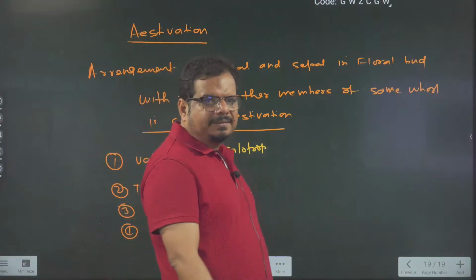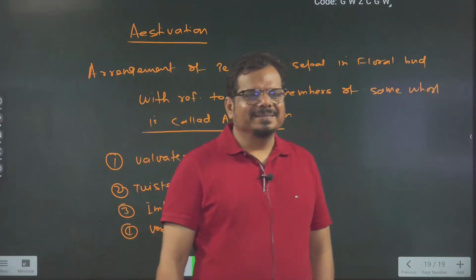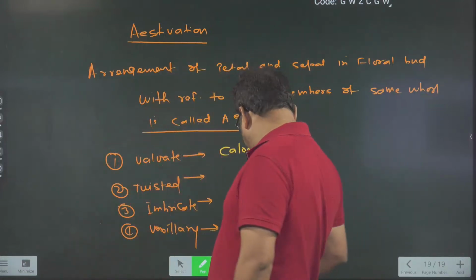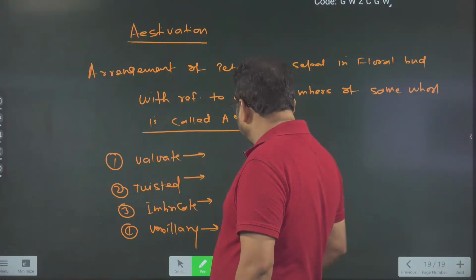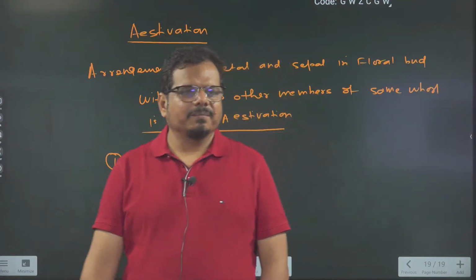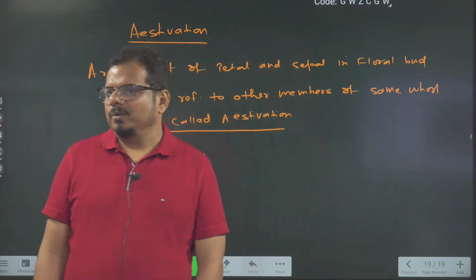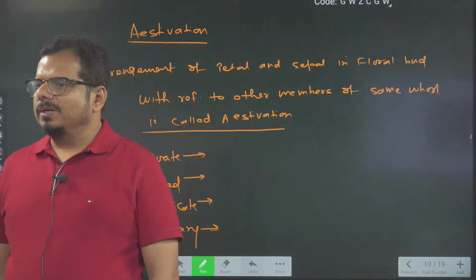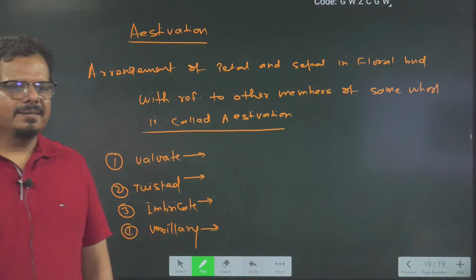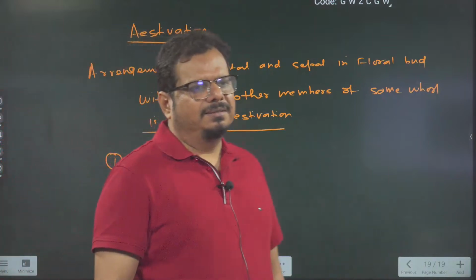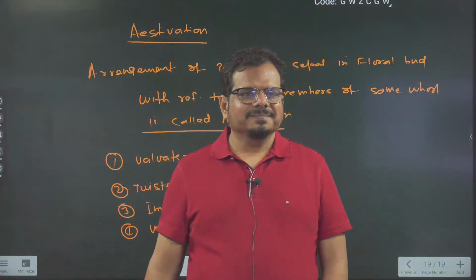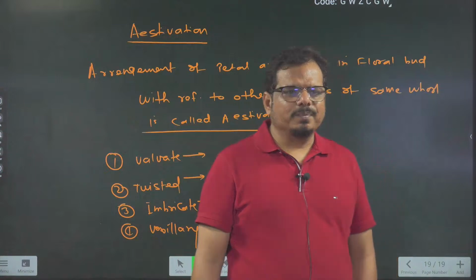What is the example? Tell me. Valvate. Put your response. Calotropis is coming from your side. Only one student is giving the answer. Is it correct? I'm just expecting more response.